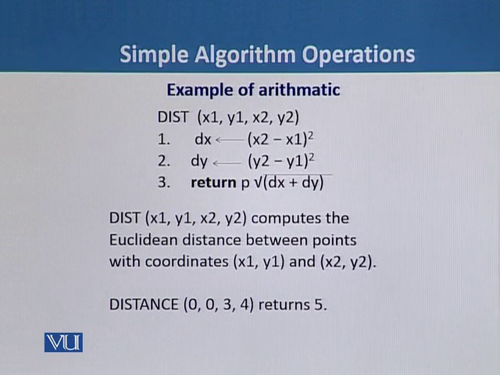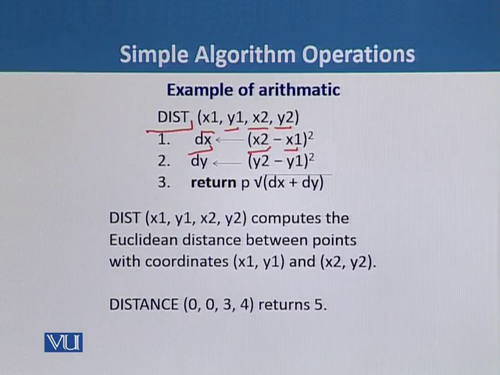If we want to calculate the distance between 2 points, then for this we need 2 coordinates, and these coordinates are needed in the Euclidean distance. For this purpose we have 4 values, x1, y1, x2, y2. Then we have to calculate dx, and we set the value of dx to x2 minus x1 whole square.